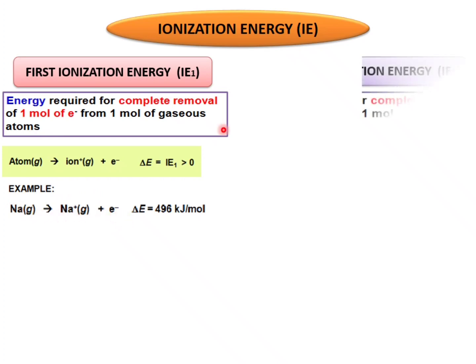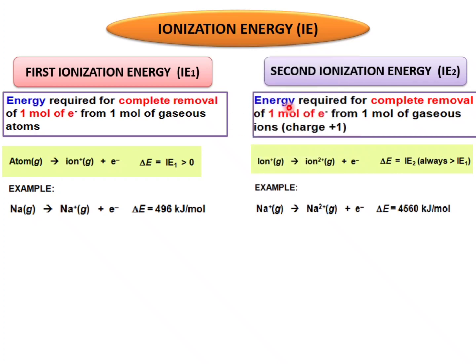Kemudian ini untuk first. Kalau untuk second ionization energy, we remove electron from 1 mole of gaseous ion. Dia sama je kelas. Okay, dia macam ni I'll show you. Asal starting dia dengan atom. Okay, dia start dengan gaseous atom. Alright.